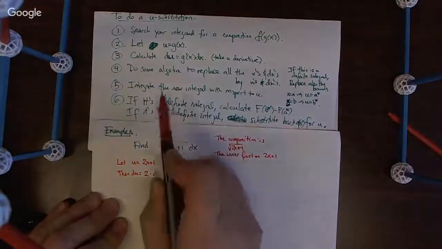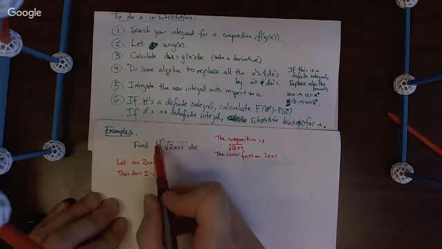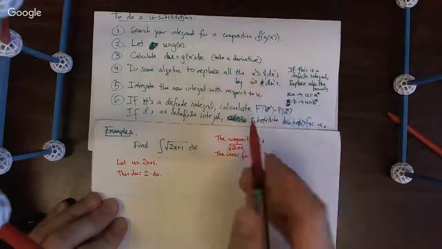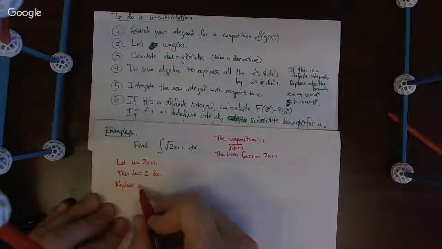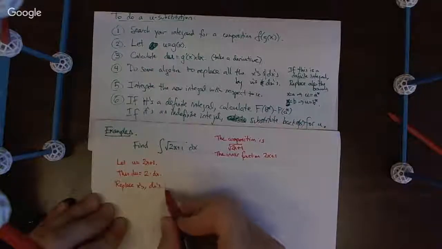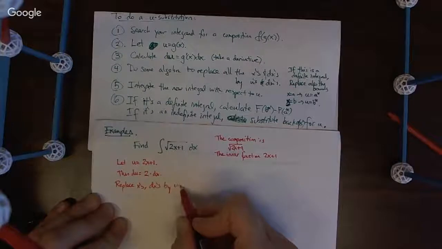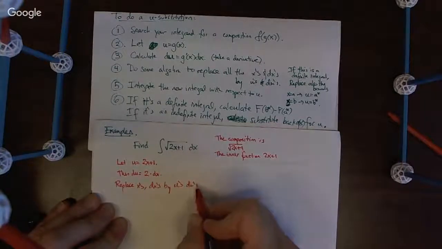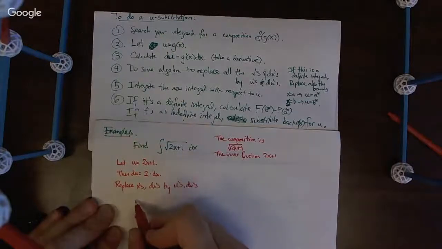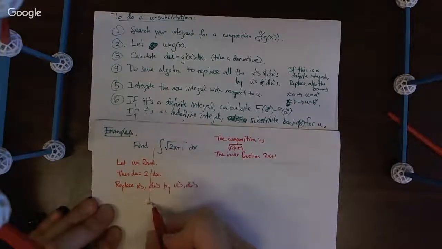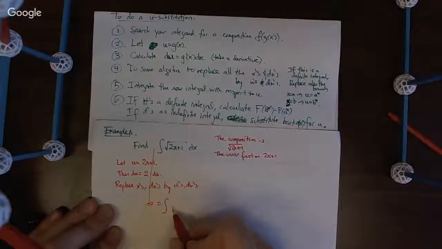And the third step. Now we want to replace in this integral all the x's and dx's by u's and du's. So if we look at this, this integral becomes the integral of the square root of u.